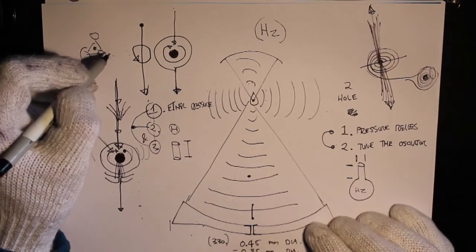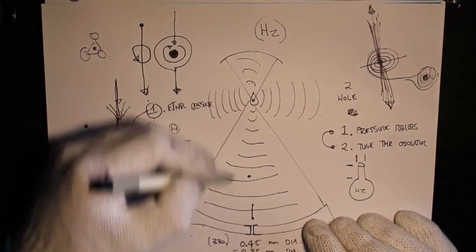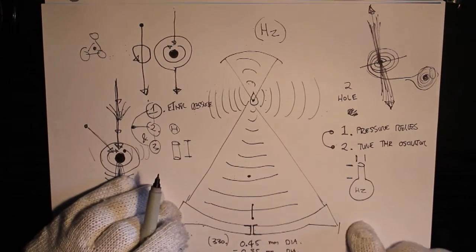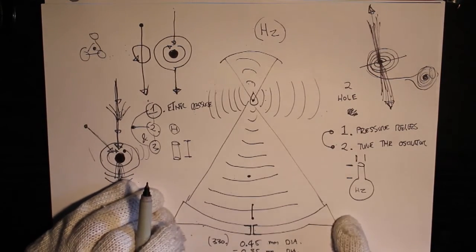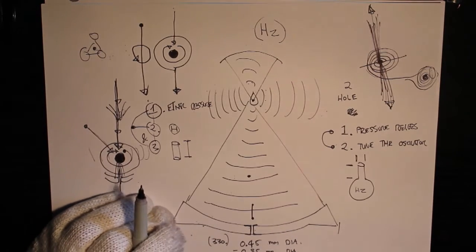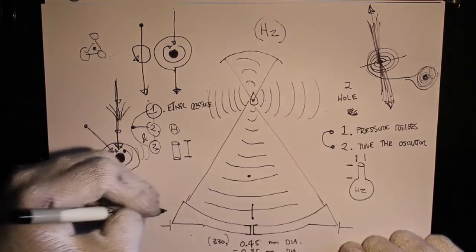So the standing longitudinal waves in this cavity are tuned by, well, you can't really alter the diameter of the disc. It's geometrically set based on octave collapse theory.